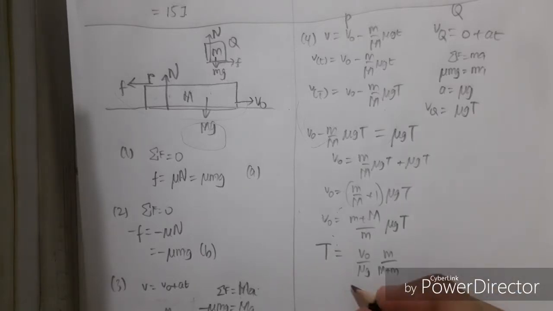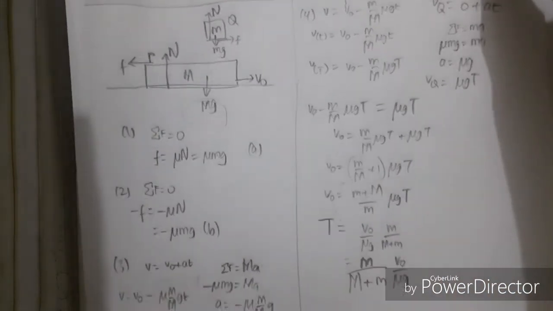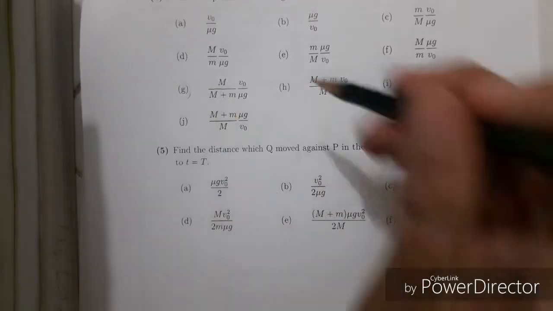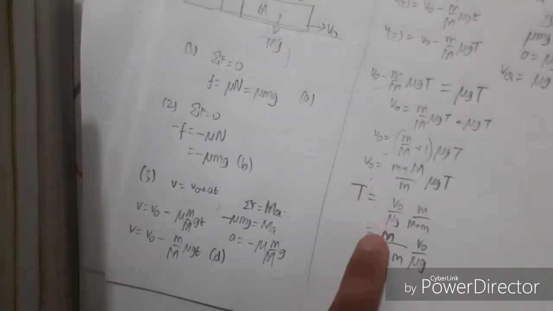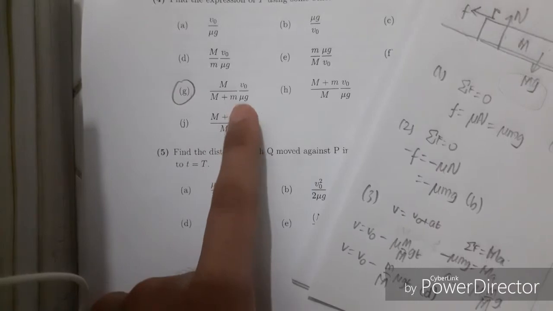So this is equal, this is little m plus m, v0 over mu g. So the answer is, where's the answer? It is this. Yep, it's G, right? M over m plus m times v0 over mu g. So the answer is G.